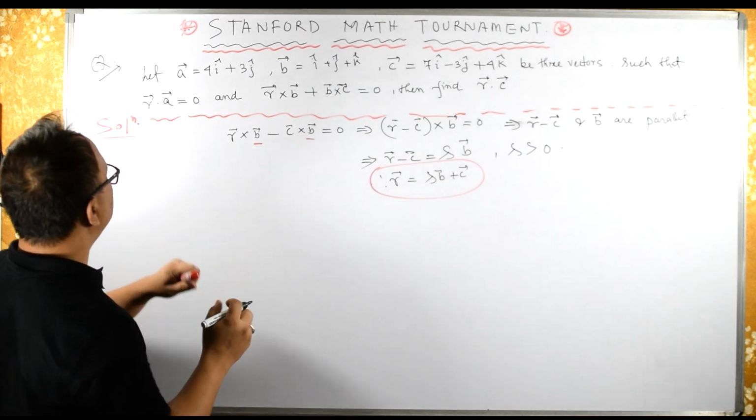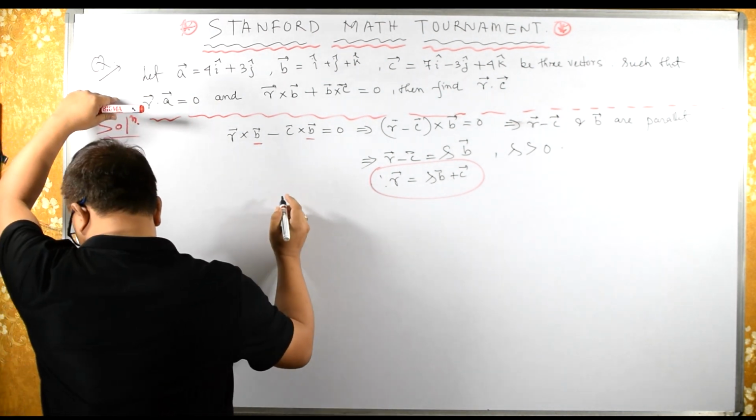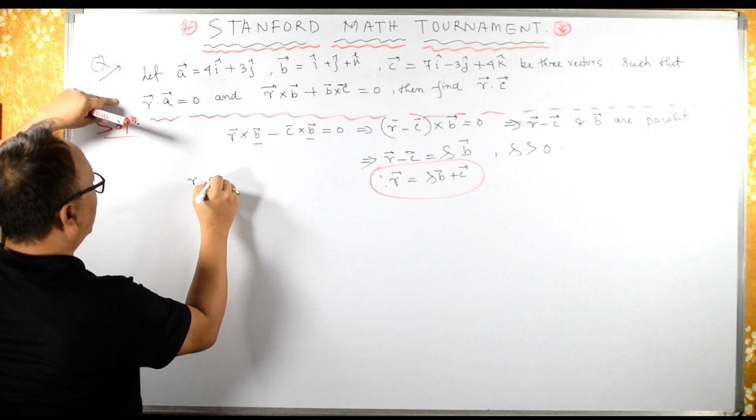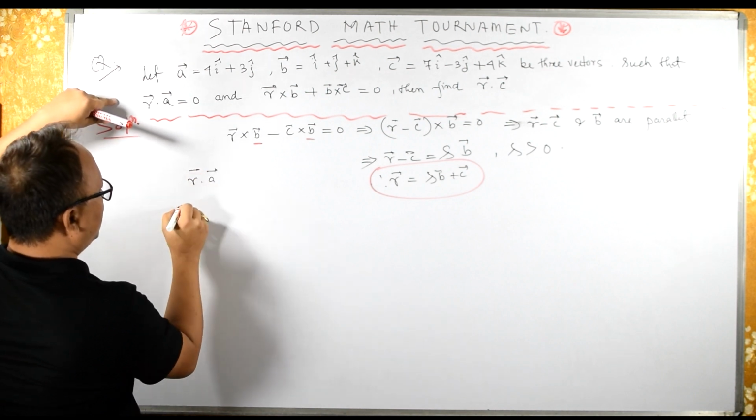Now, it is given that r dot A, therefore, we have r dot A is equal to what?